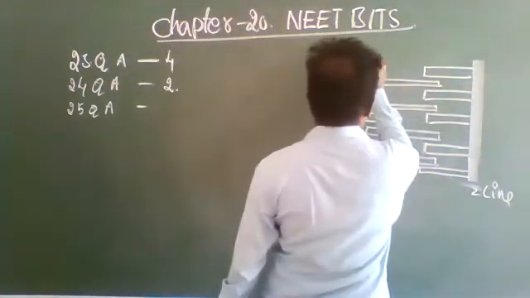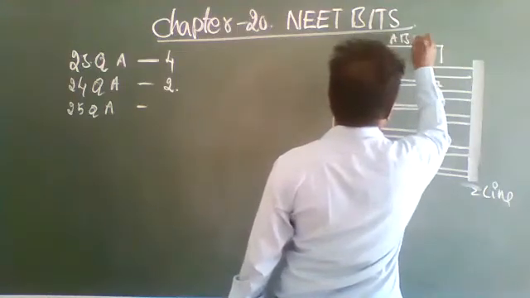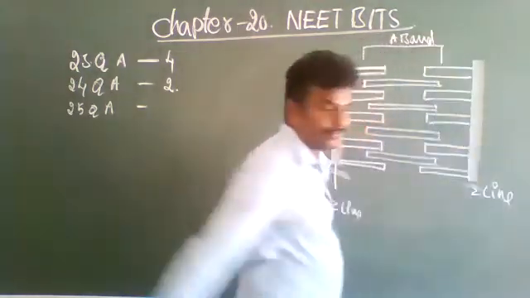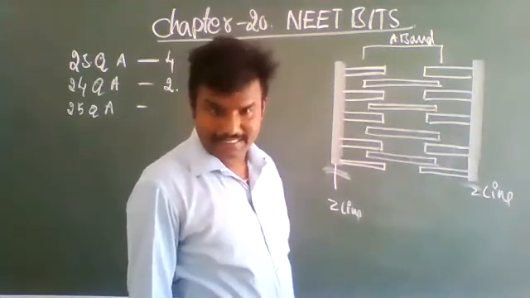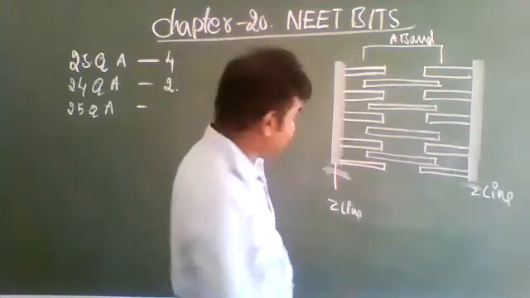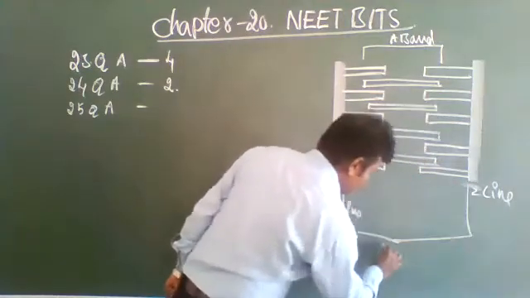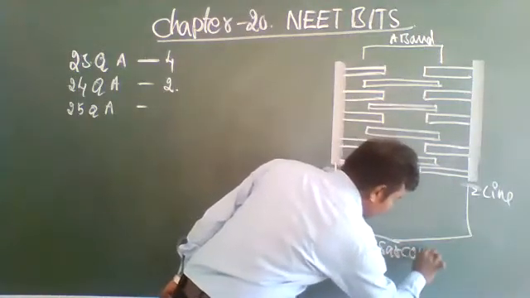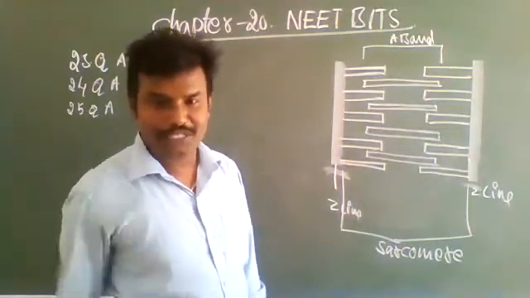It is the A band. The area between two Z lines is called sarcomere. Already we knew that.